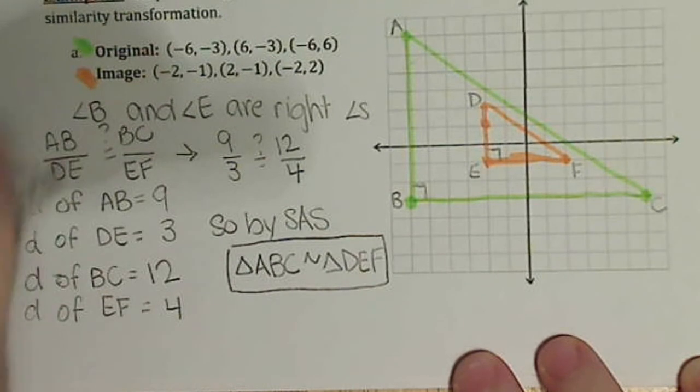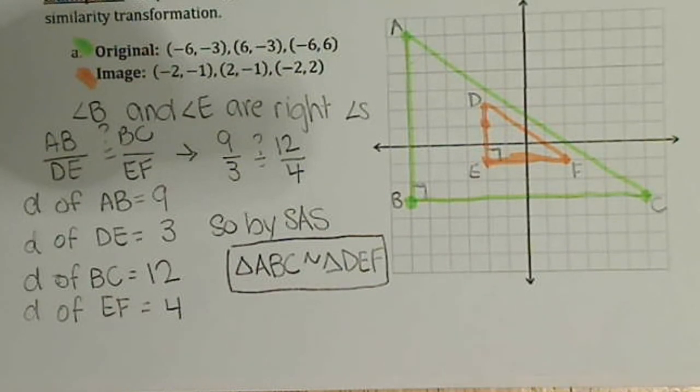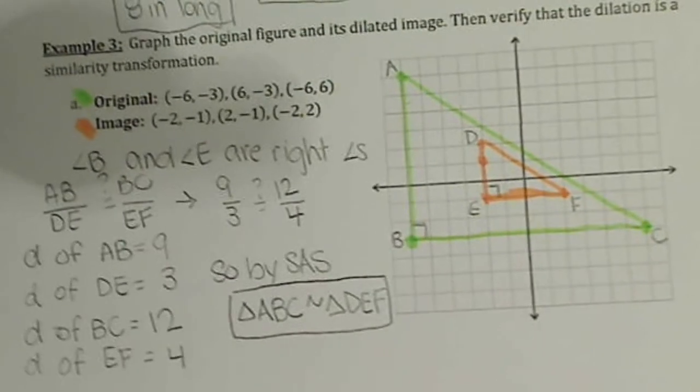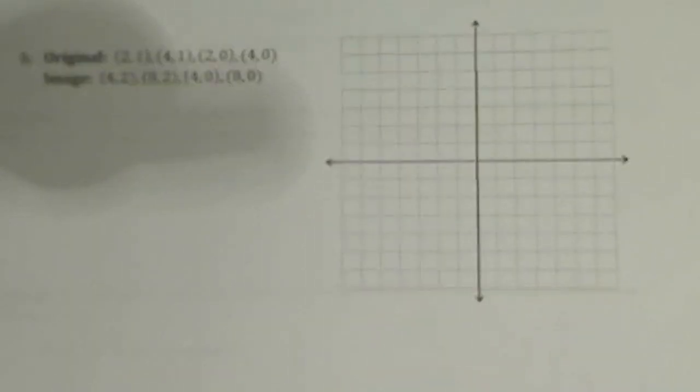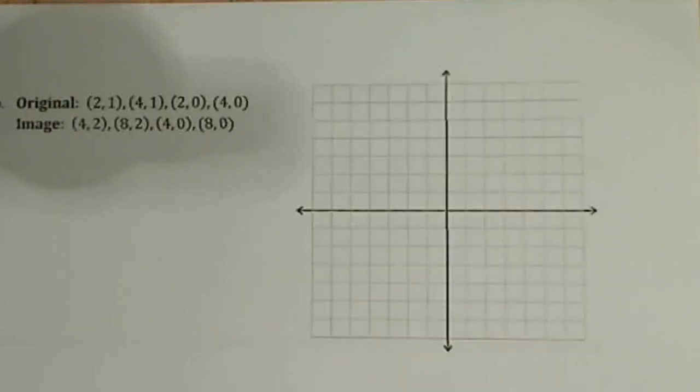And here's my proof. I need to see that verification on homework. I don't want to just see a yes or a no. Alright? Okay, let's do our last example. I'm going to plot the original in green.